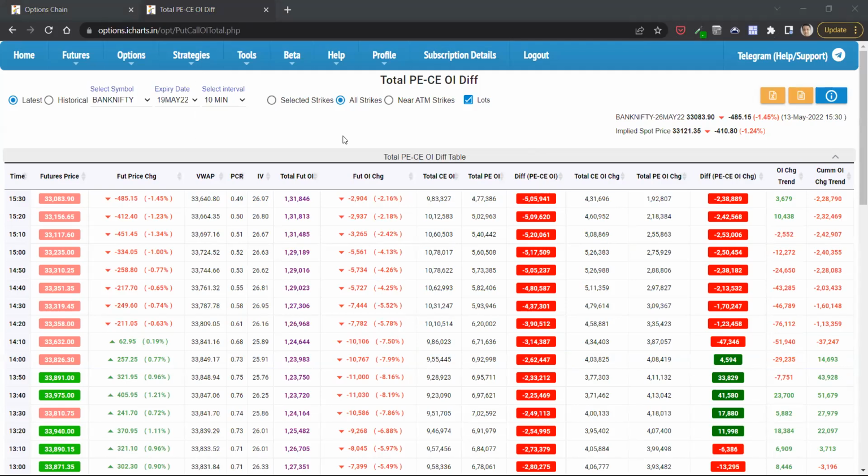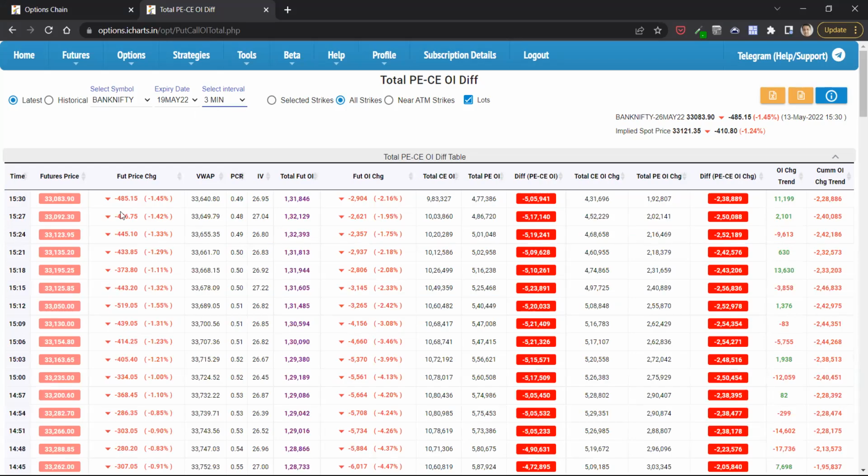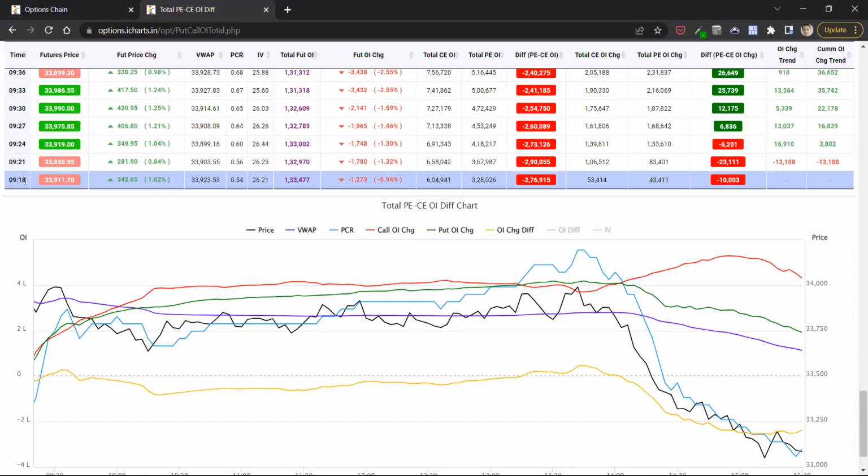Okay, total PE OI. This is an important tool. Whatever time slot or time interval you select, starting at that time interval you will see futures price, futures change, VWAP, PCR.